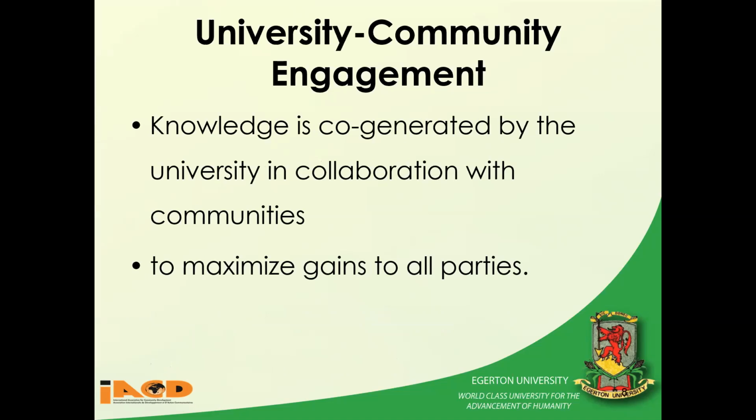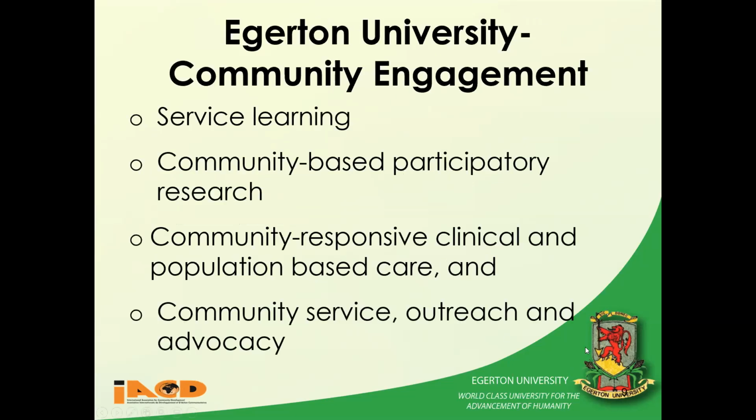Now, in this kind of engagement, what we are trying to do is to co-generate knowledge, where we collaborate with the communities. We learn from them, they learn from us. We come up with new things so that we may maximize our gains for both the university and the community. Now, for Egerton University, we are involved in service learning.